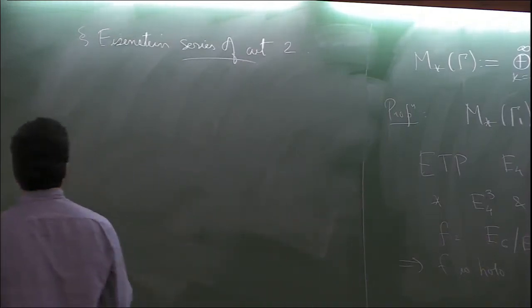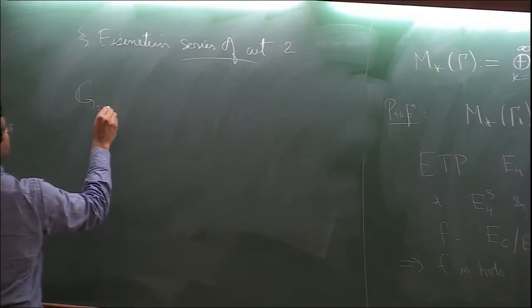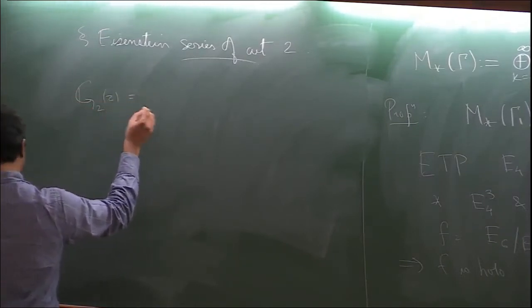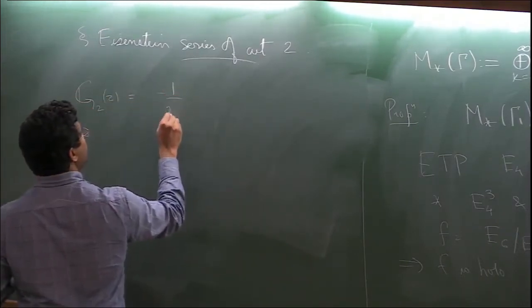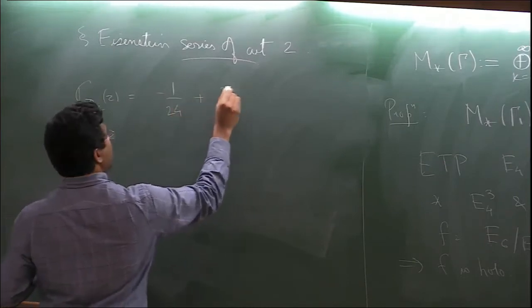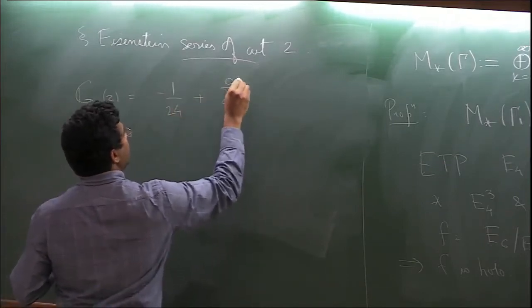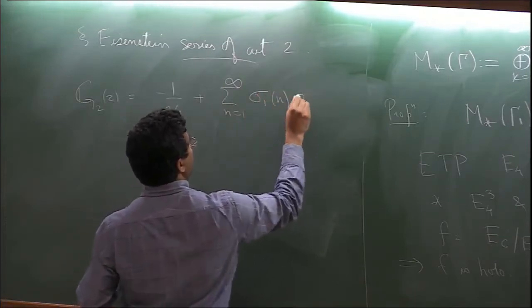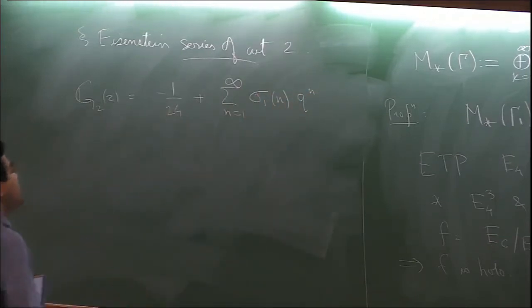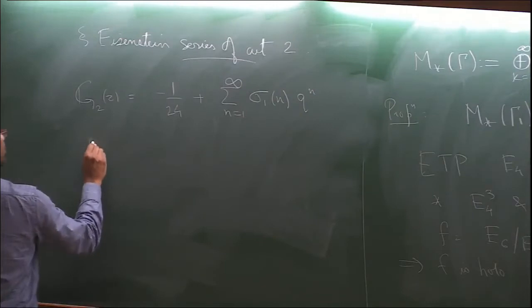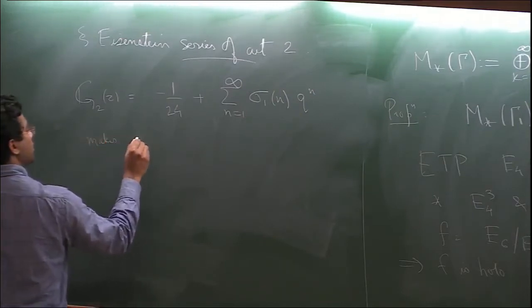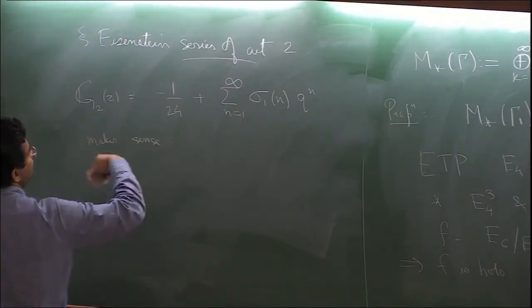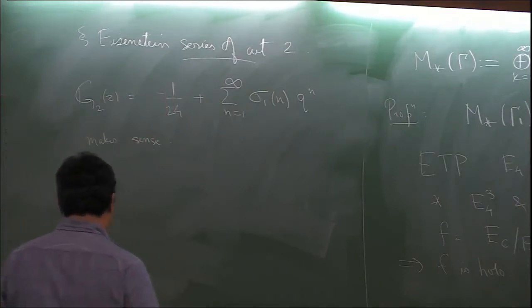Okay, so G2 of Z is minus 1 by 24 plus the summation of sigma 1 of n q to the n, and this converges rapidly enough. So this makes sense, and we forget about the E2 and just take this.